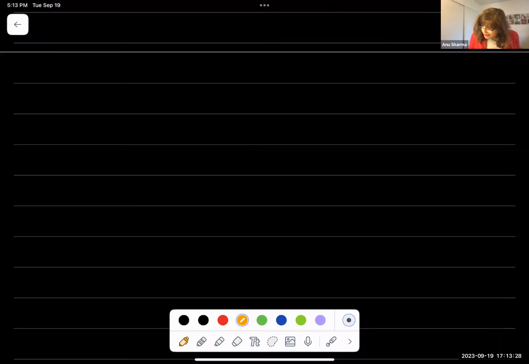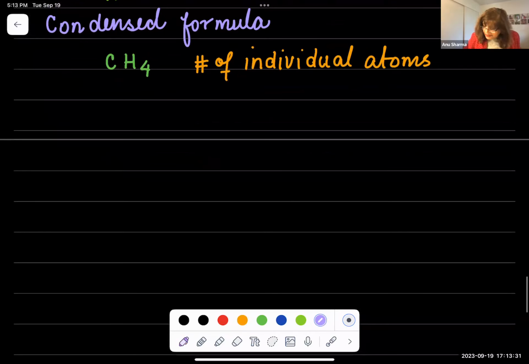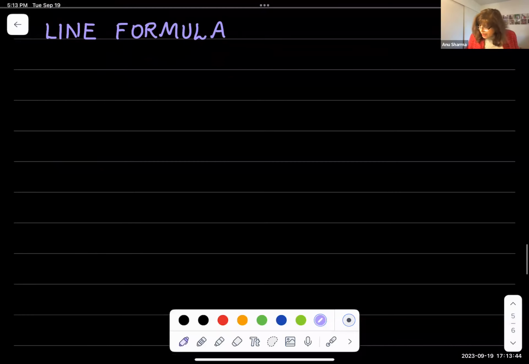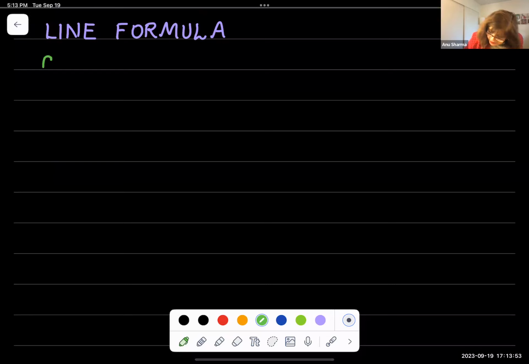So we also have another type of formula, which is the line formula, very commonly used. And what is the line formula? We will have to assume certain things here. For example, C2H6.